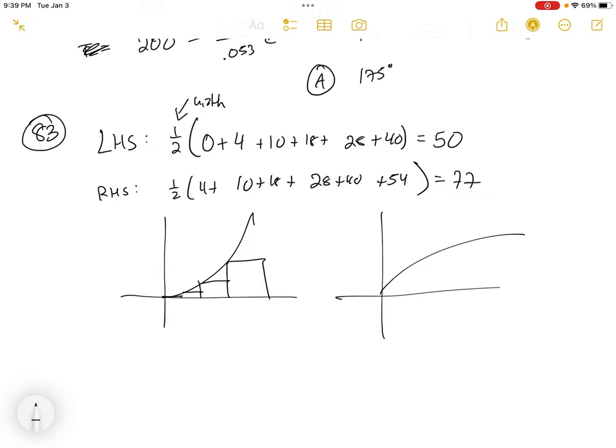We're underestimating our curve. And if we took a right-hand sum, we'd be overestimating our curve at every given point, right? And it would have to lie somewhere in between.